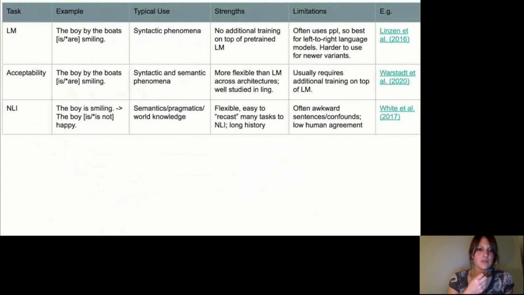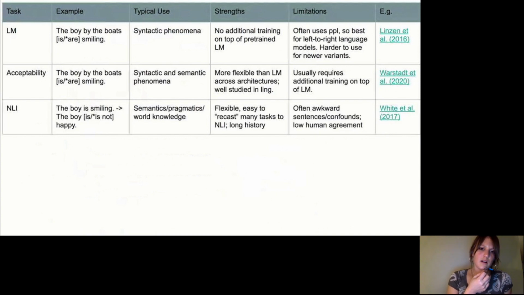So the idea here would be you would have a sentence pair like "the boy is smiling," and then "the boy is happy" or "the boy is not happy." And you can frame a lot of tasks in this way. You could use inference style templates to probe for things like whether the model understands negation and antonyms and the combination thereof.